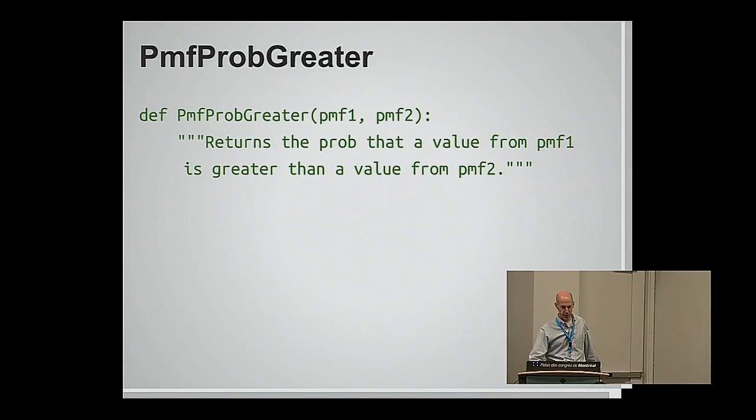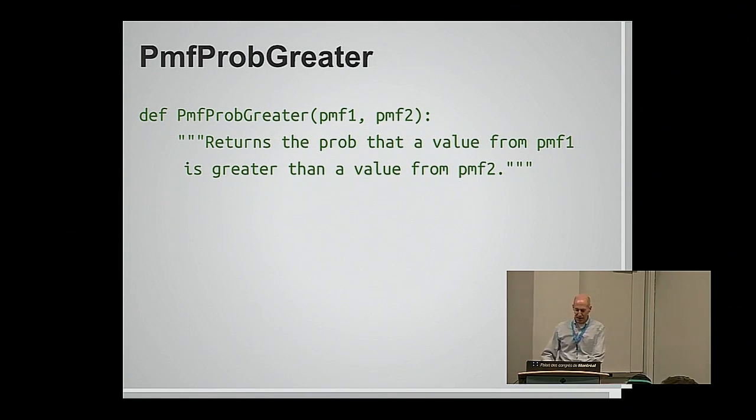And that is what you are going to do. If you look in sat.py, you will find a function called PMF prob greater, which takes as arguments two PMFs. And your job is to compute the probability that a random value drawn from PMF1 is greater than a random value drawn from PMF2.